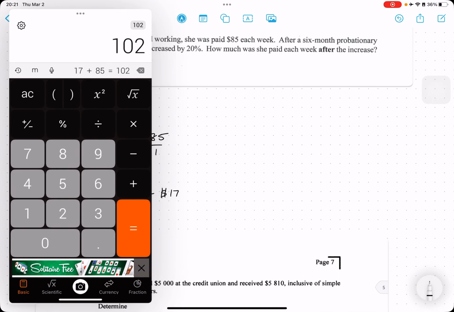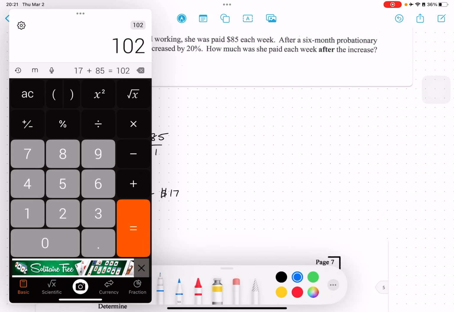The second way of working it out now is by saying $85 is the original cost, is the original salary, and that is essentially 100% of her salary, right? We can say 100% of her salary is $85. Now, if she's getting a pay increase of 20%, then you can see that a new salary is worth 120%.